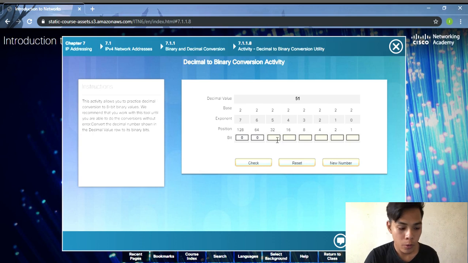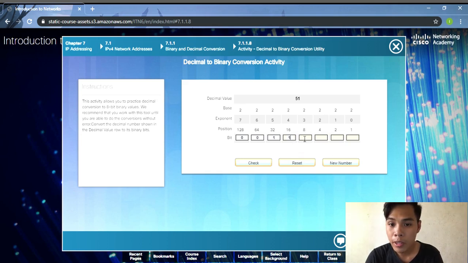So 51 minus 32 is 19, so we'll put 1 here, and the answer is 19. So we will see if we can subtract the next value here, 16. So 19 minus 16 will be 3, so we'll put 1.